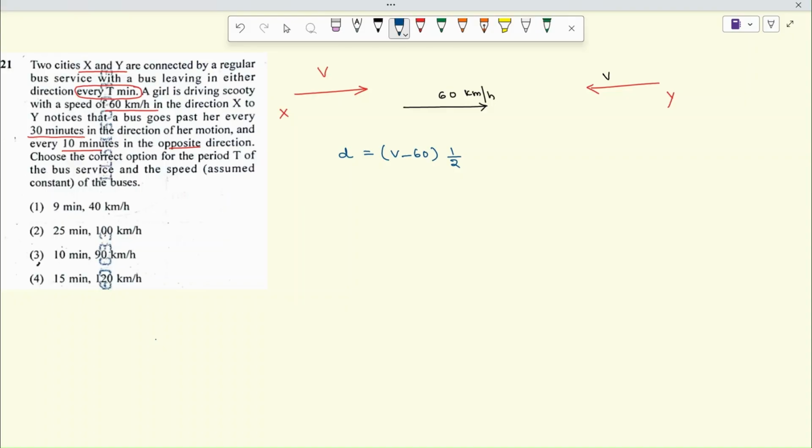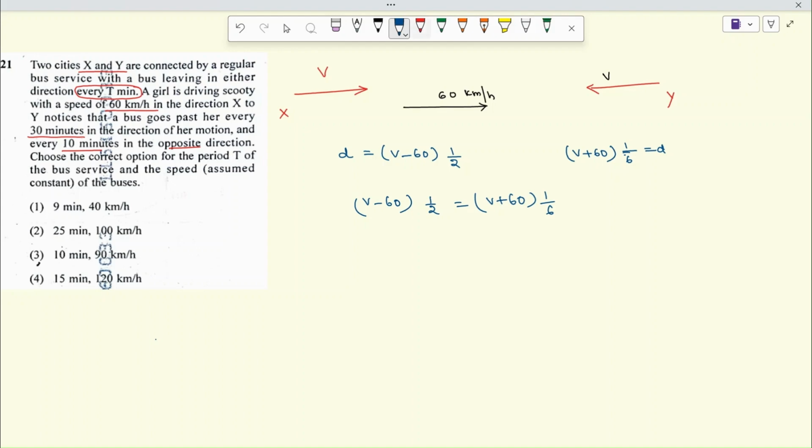Similarly, from the opposite side, that bus's speed is v plus 60 and the time taken for that is given as 10 minutes. So 1 by 6 hours. And both are the same. So we can say v minus 60 into 1 by 2 is equal to v plus 60 into 1 by 6.